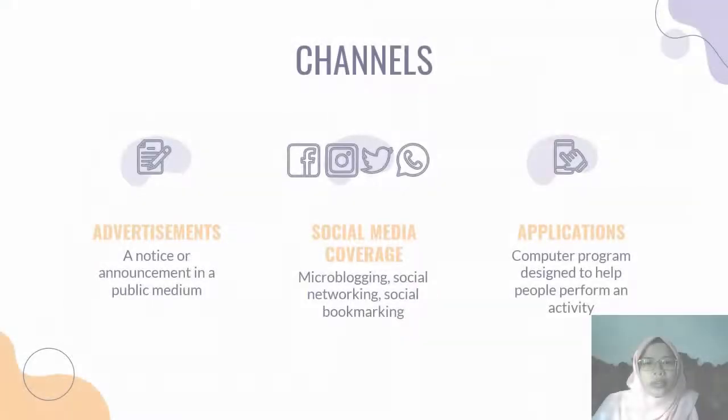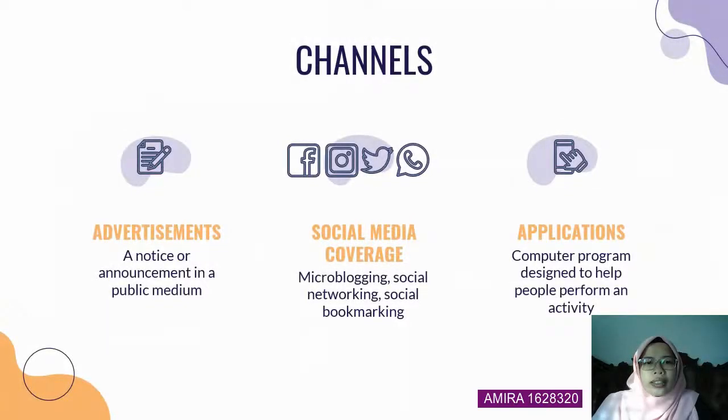Okay, now we move on to channel. Channel is where the entrepreneurs use it as a communication channel to reach customers. There are three types of channels for this BMC, which are advertisement, social media coverage, and application. Advertisement is a notice or announcement in a public medium promoting a product, service, or event, or publicizing a job vacancy.